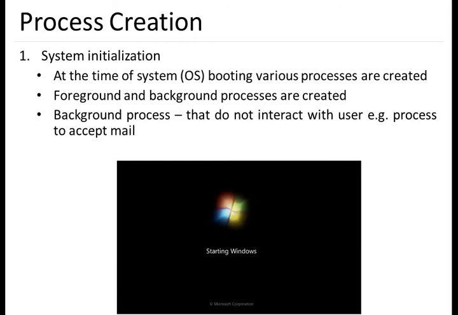Background processes do not interact with the user, for example, a process to accept mail. But obviously that happens once your operating system is fully loaded and you have a network connection. After that, foreground processes interact with the user.